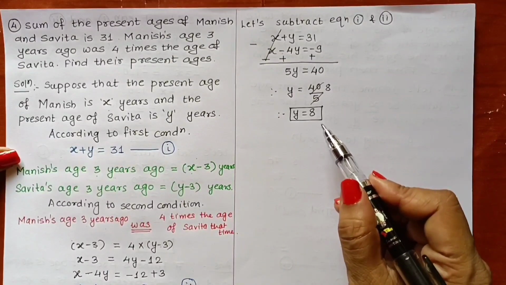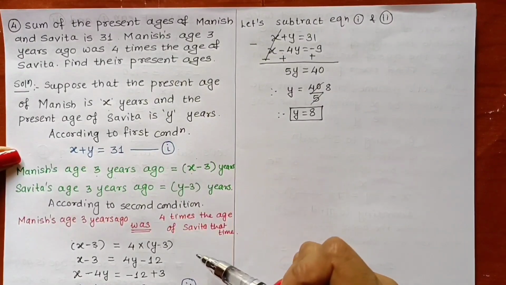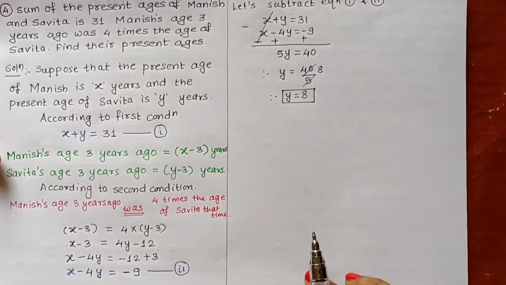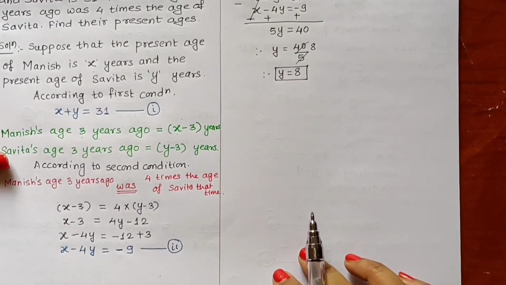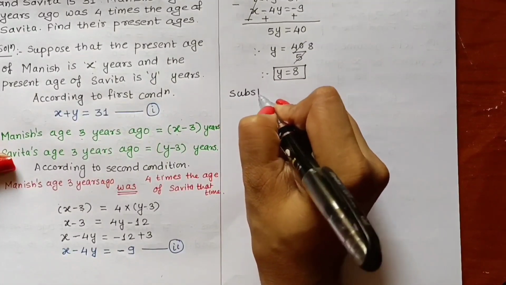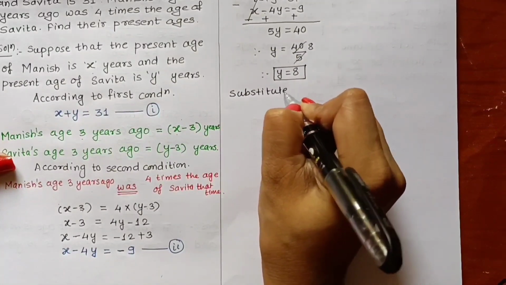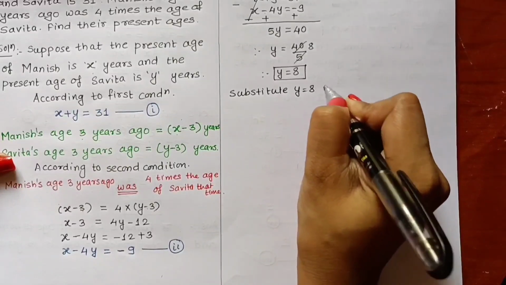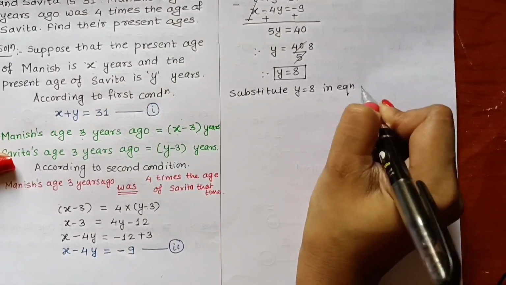This y is equal to 8 we can put in equation 1 or 2 and we can get the value for x. So let us substitute y is equal to 8 in equation 1.